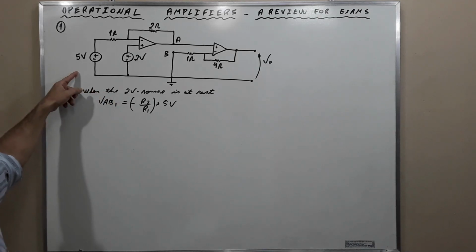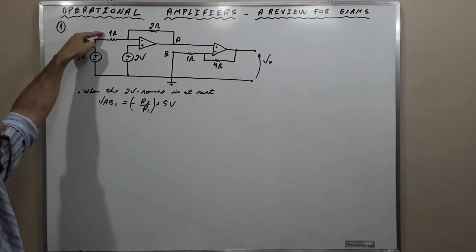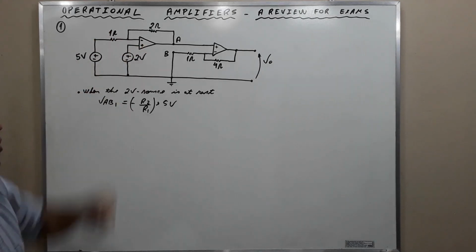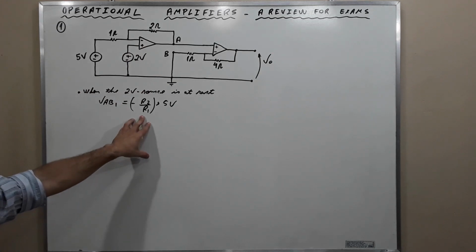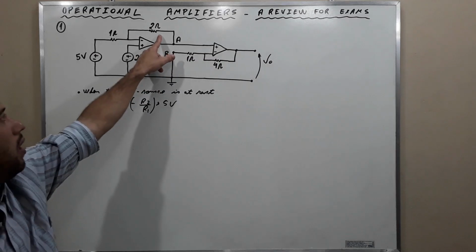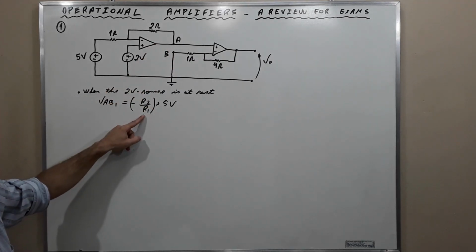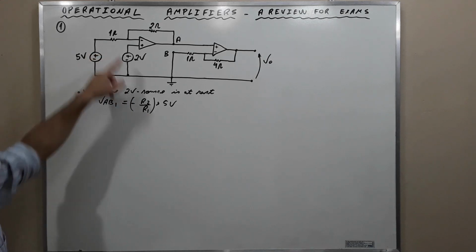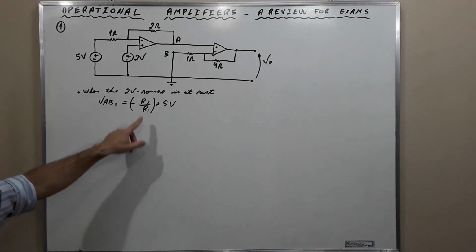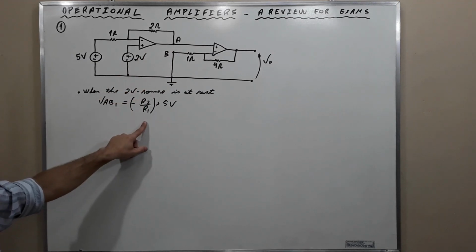Because we are connecting this source here at the inverting terminal. And the gain of the inverting configuration is this, where 2 ohms is R2 and the resistor R1 is 1 ohm. Then VAB when 2 volts is at rest is this.